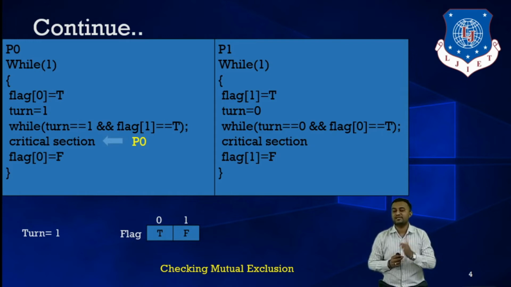P0 is already in the critical section, so no other process is allowed to enter the critical section, because we are talking about the mutual exclusion property.